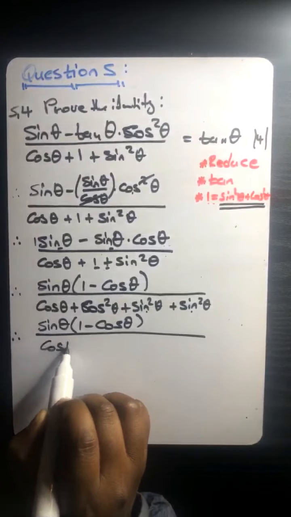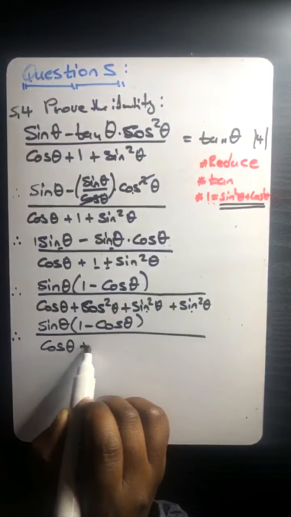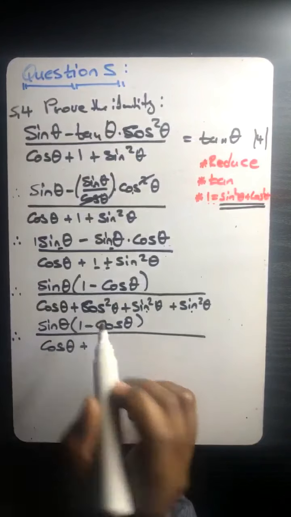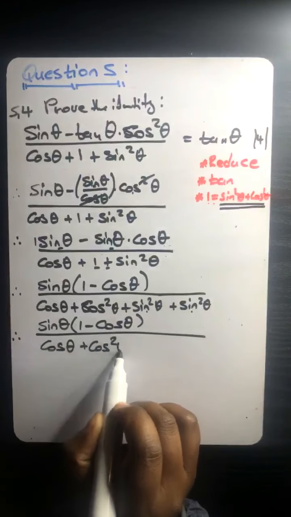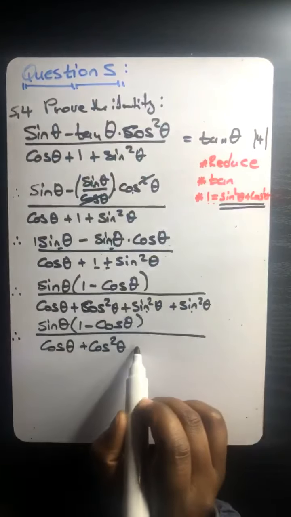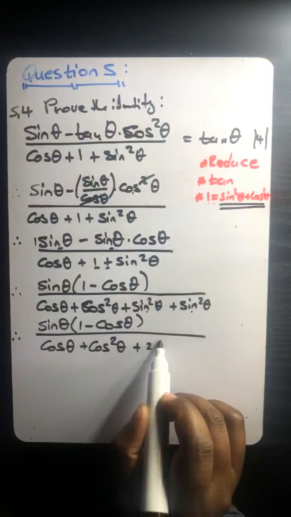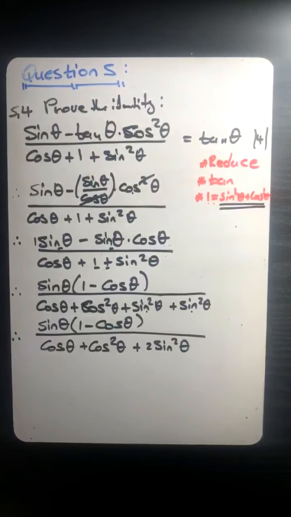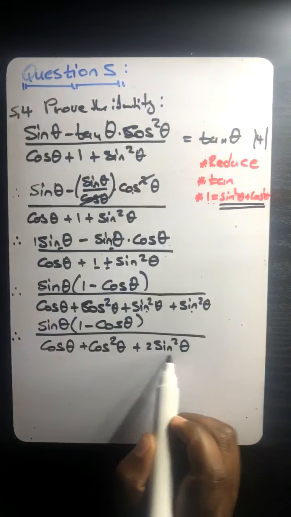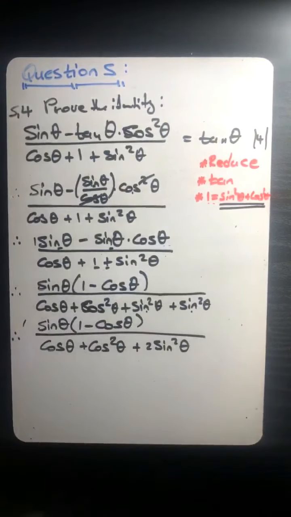We'll see how far we can go with this one. So we have cos angle plus, obviously this one we cannot add with this because this one is squared there. So we have cos squared angle, and then these 2, when we add them together, we end up having 2 sine squared angle. Yes, we end up having that. Okay, my question again. All of that, does it make sense to everyone?